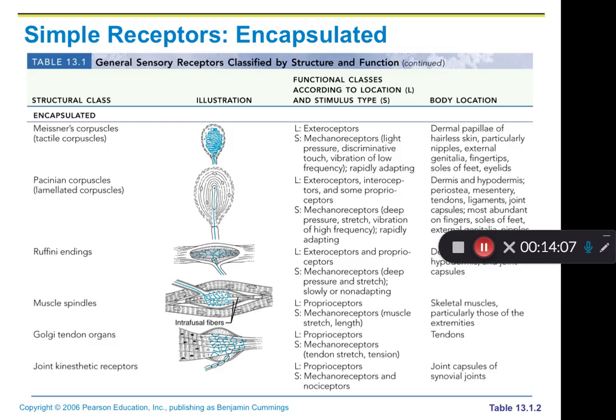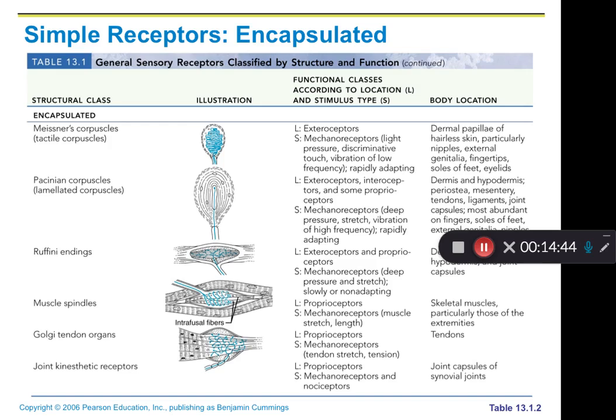Because if we don't control the muscle contraction, if the muscle contracted too much, maybe the muscle can tear the tendon from the bone, and that will cause an injury. So this is the negative feedback pathway to protect our organs and tissues.